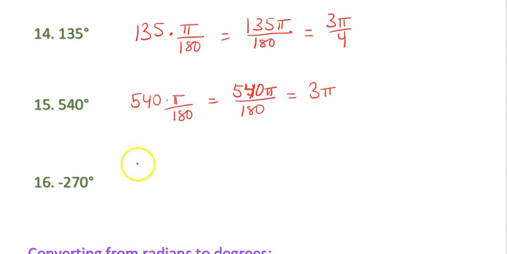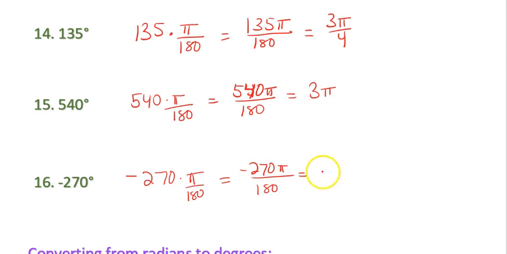So this negative 270, you just carry a negative along, because remember, negative just means we're going in the opposite direction. The numbers are not going to be affected. So I have negative 270 times pi over 180, becomes negative 270 pi over 180, reduce, and you get negative 3 pi over 2.